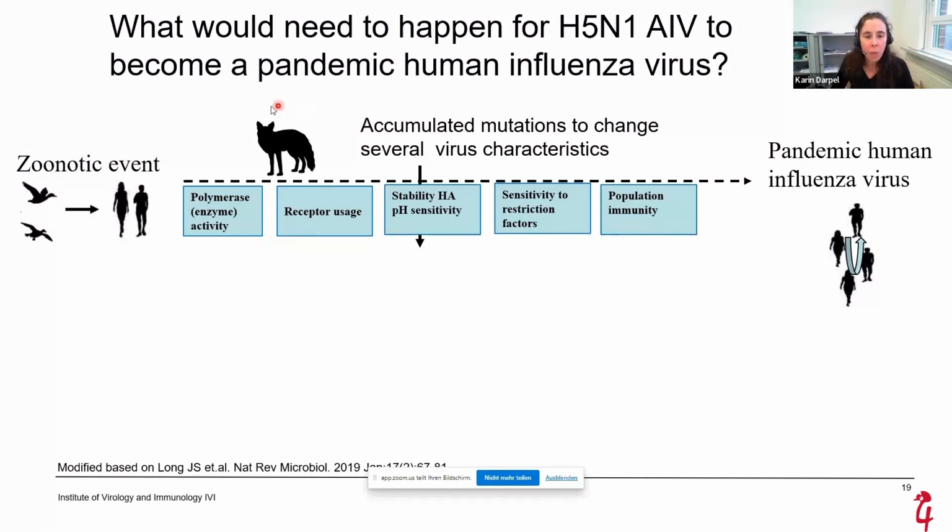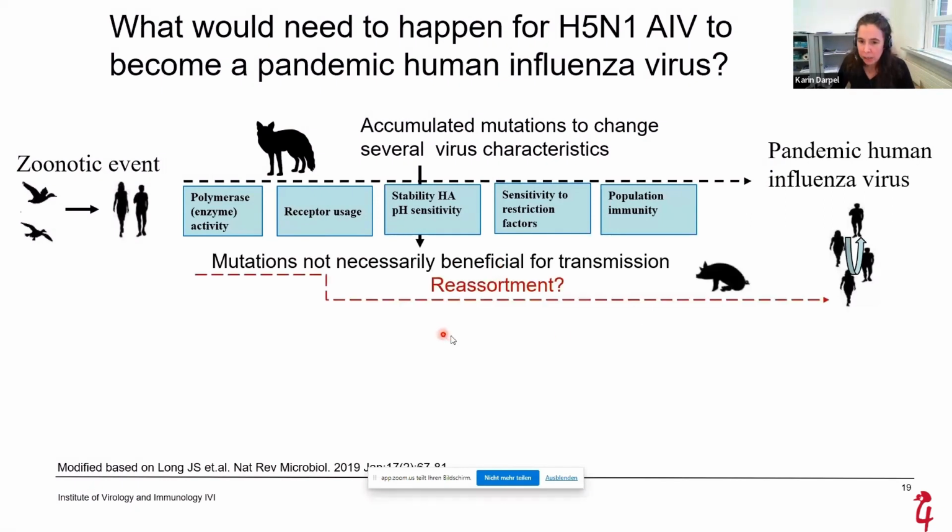And while mutations might happen when a mammal host like a fox is infected, and that is one of the worries with these high infections in mammals, mutations might not necessarily be beneficial for transmission. So it could be that a few mutations occur, so the virus has evolved slightly away from being a perfect avian influenza virus, but is not yet a fully adapted mammalian virus, and therefore might actually not have an evolutionary advantage.